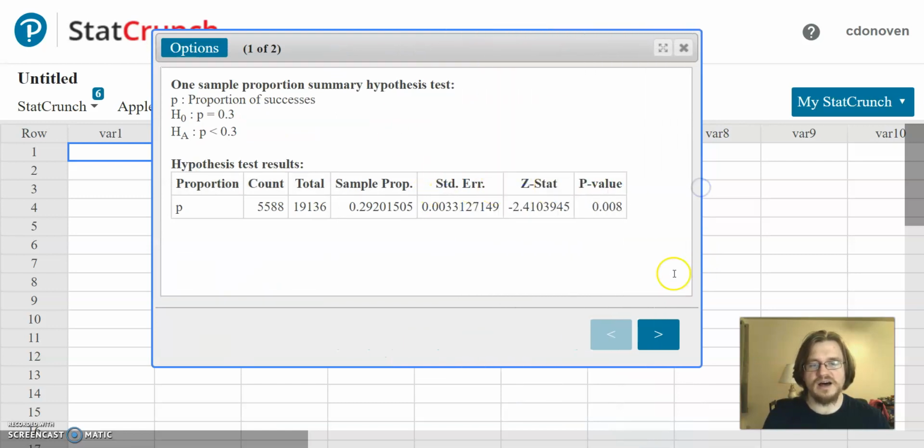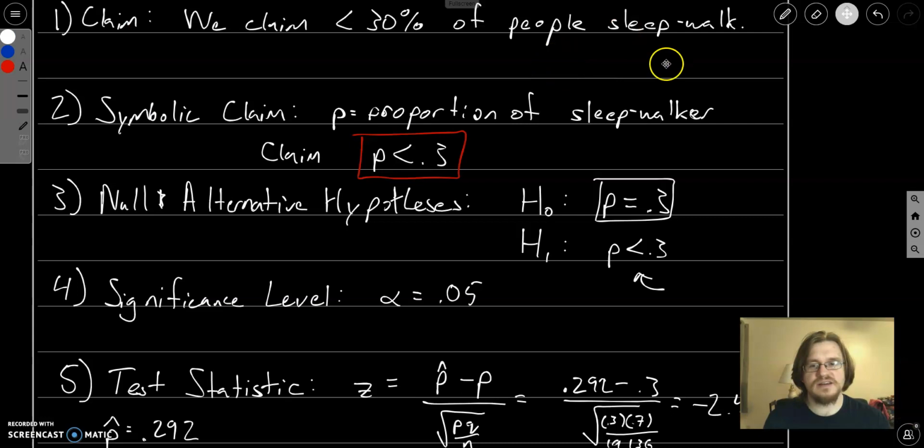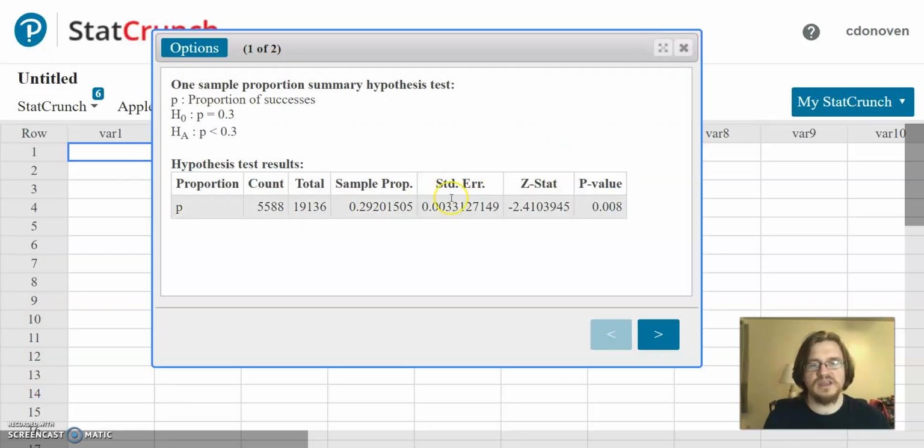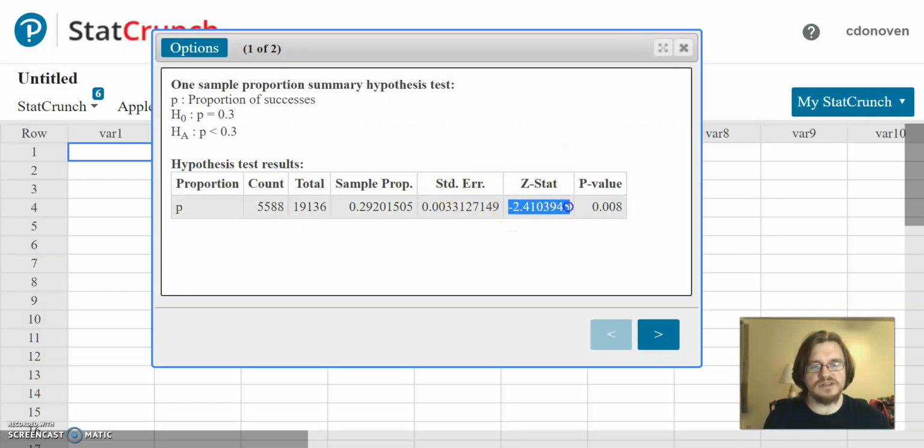And we see essentially the same values here. Our sample proportion is going to be 0.292, well, 29.2%, that matches the percent that was told to us in the question. Our z-score, negative 2.41, say, rounds to that.